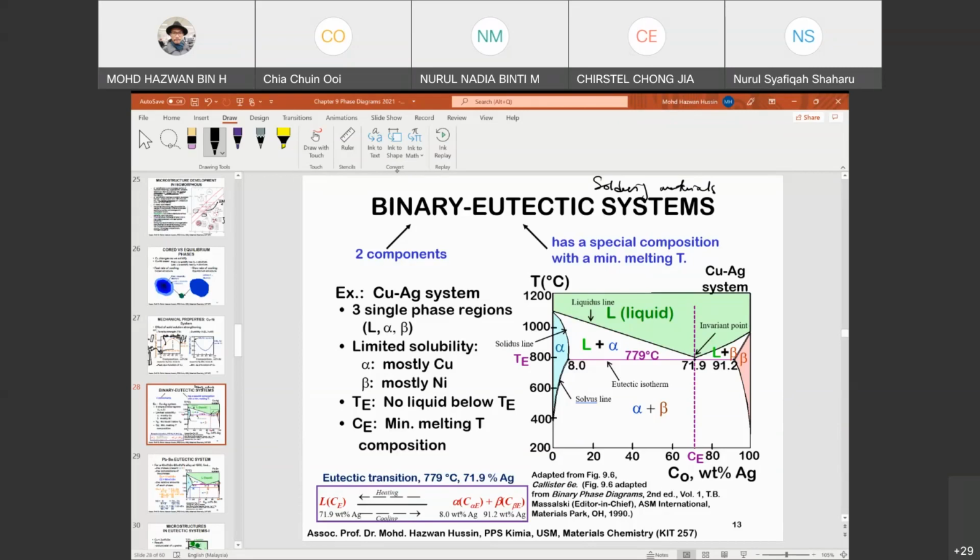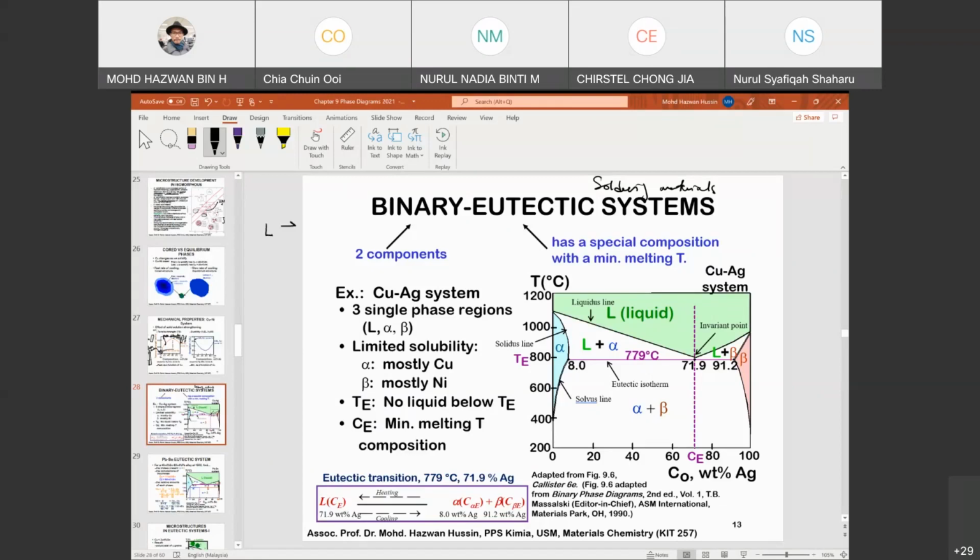So remember, the most important thing in binary eutectic system is the equation or the reaction. Because over here you will see that when you have the molten elements or components together, when it solidifies, it actually forms another two solids. One liquid, when it solidifies, forms two solids.